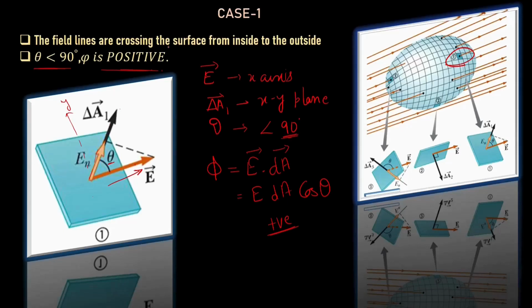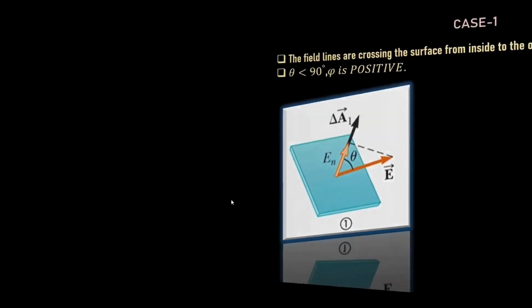That means the field lines are crossing the surface from inside to outside. You have to keep this in mind, it is a very important point. As I told you in the previous video, whenever field lines pass from inside to outside, that flux will be positive.